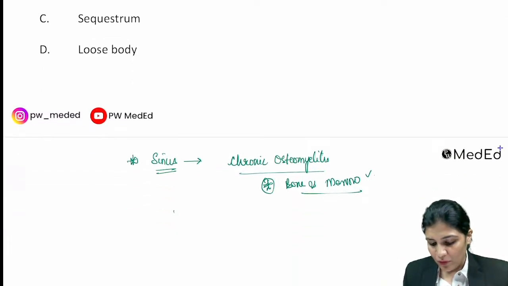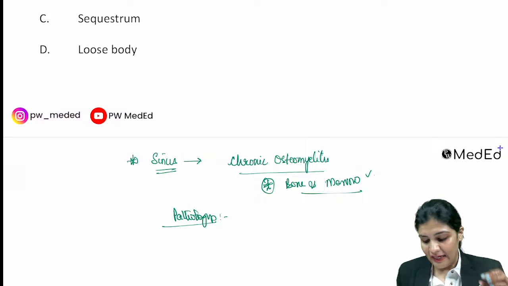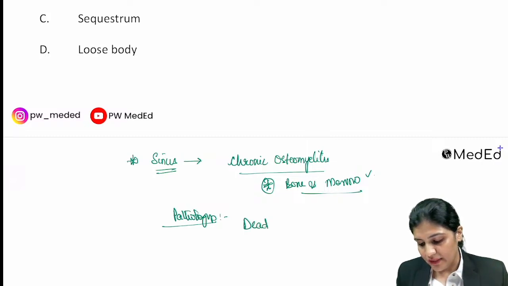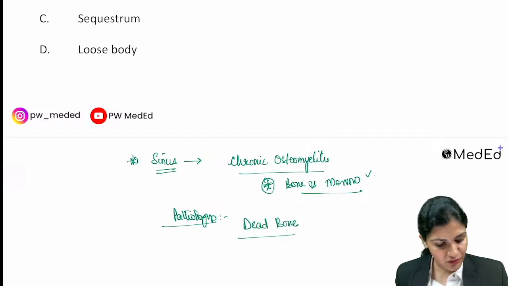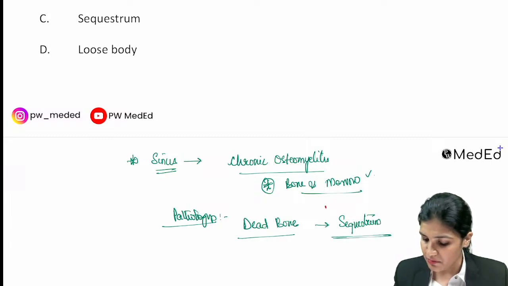And here, what is the pathology? The pathology in chronic osteomyelitis is that the bone gets infected and there is formation of dead bone, that is your sequestrum. What is the definition of sequestrum? Yesterday we already learned it.